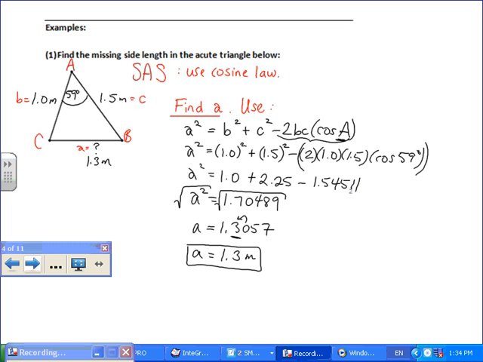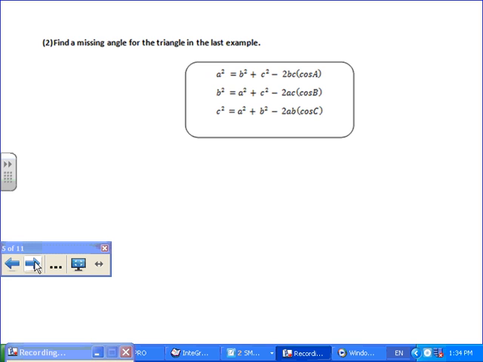Okay, let's do another example together. So on your next page of your notes, we're going to find a missing angle. If we have to find a missing angle, that means we're going to be looking for either A, B, or C when using our cosine law, which requires us to rearrange the formula a little bit.